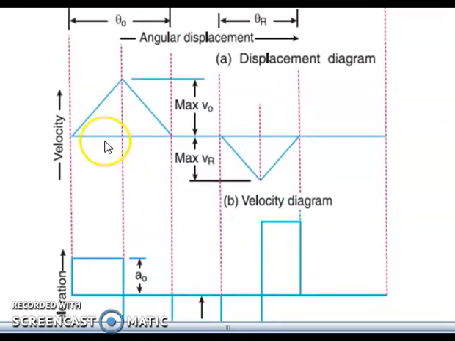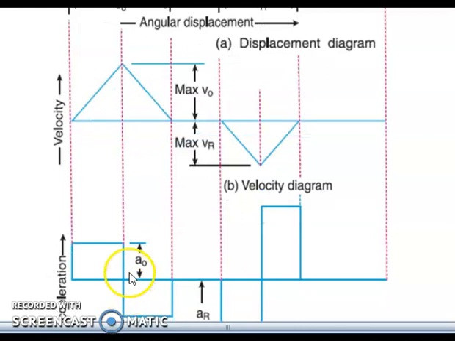Since this is a uniform acceleration and retardation, you can see the acceleration is uniform. At the center it reaches 0, goes to the negative maximum, constant, becomes 0.